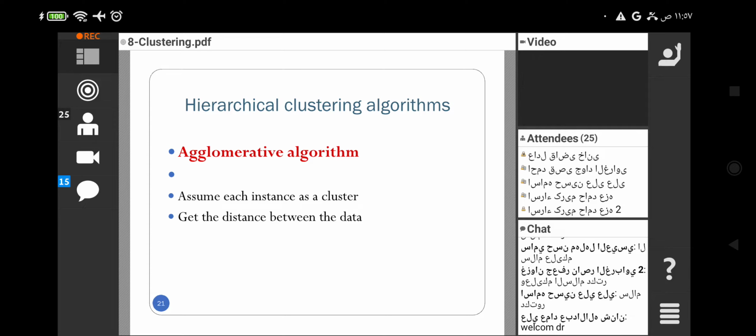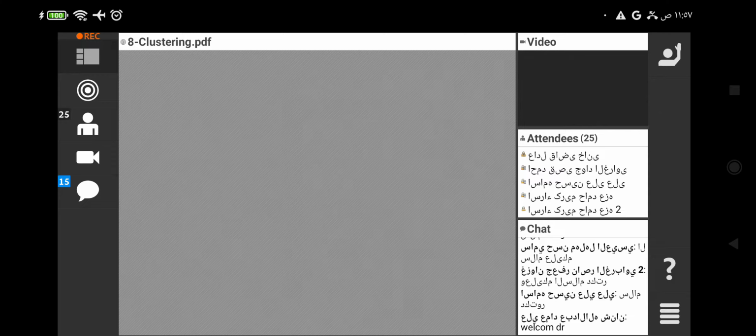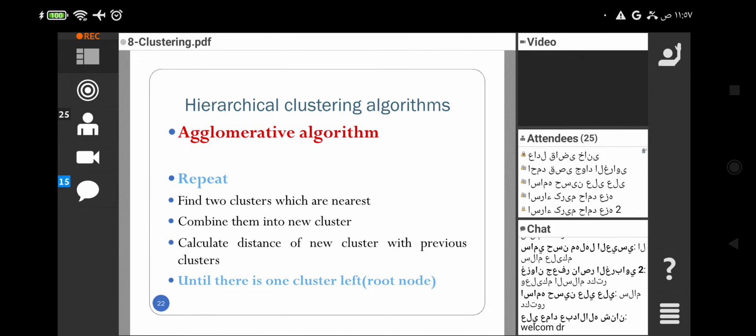Okay, so for example, if we have 100 data, it means that we have 100 clusters in the first step. Okay, then we get the distance matrix, which is the distance between all of these clusters, and then we enter this loop.